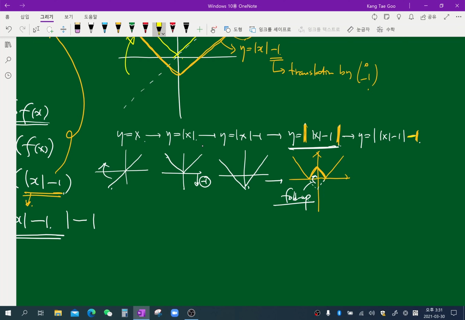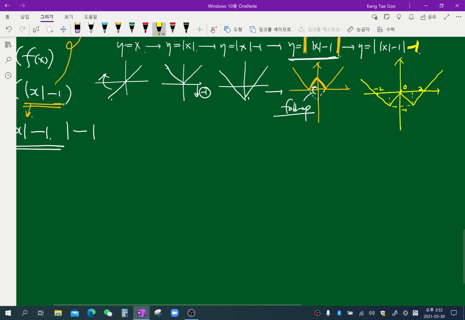Okay, I will use the yellow color. Minus 1. Then the graph goes down by minus 1. So here, then here, here, here, and something like this. 0, minus 1, 2, minus 2. That's the final graph, right? Can you draw this?